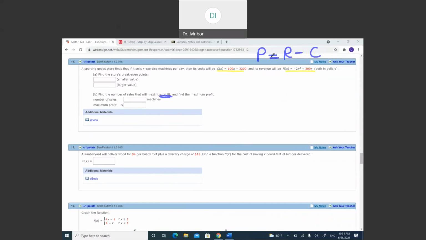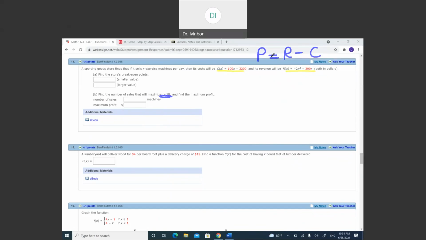And the profit is how much you're going to get if you produce something and you sell it, taking out the expenses for producing it. Sometimes the profit is positive, sometimes it is negative. Like if your cost is bigger than what you're selling it for, then you have a negative profit. So now here we're talking about finding the break-even point.